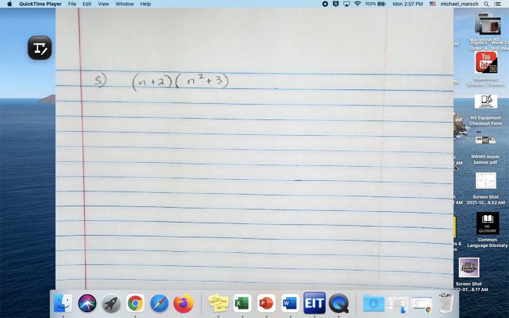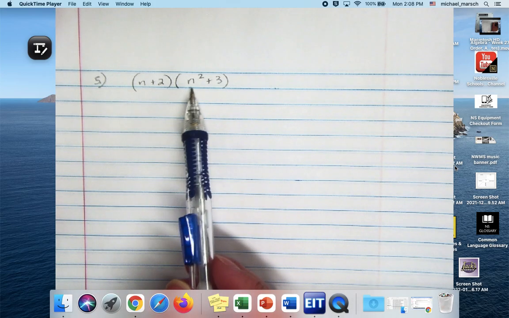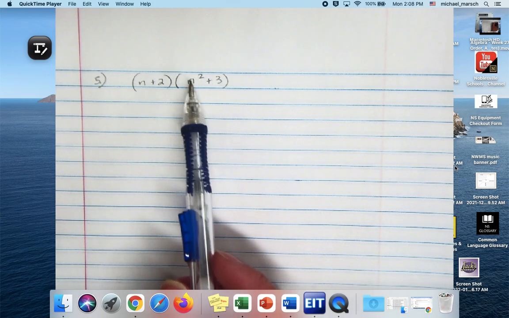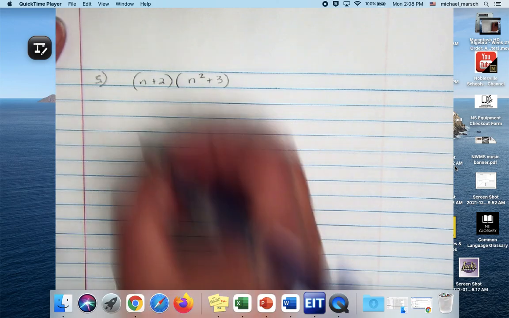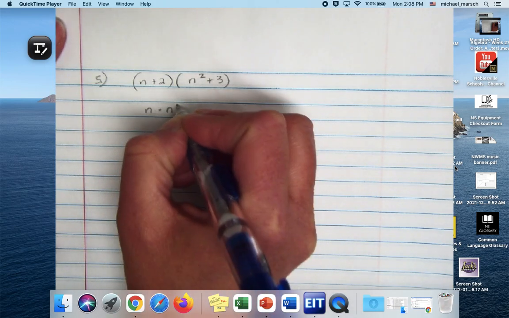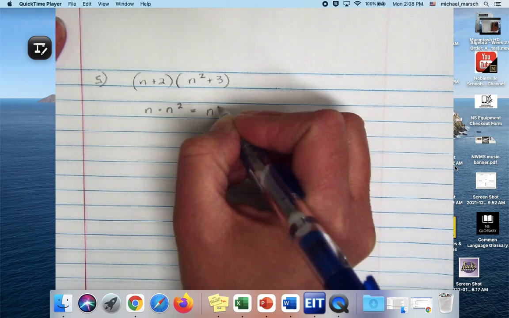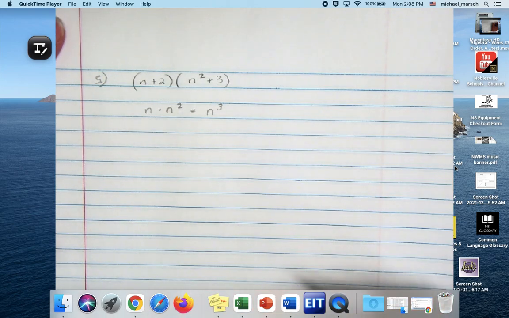So this one is a little bit different because we have an n and an n squared. We're going to multiply exactly the same way, you just have to pay really close attention to the exponent values. So first, it's going to be n times n squared, which will give me n to the third power.